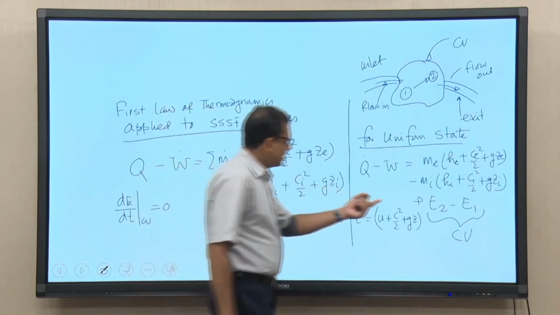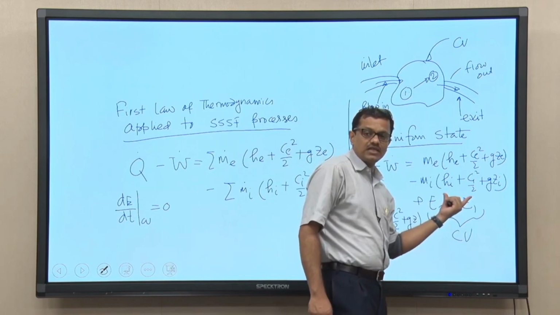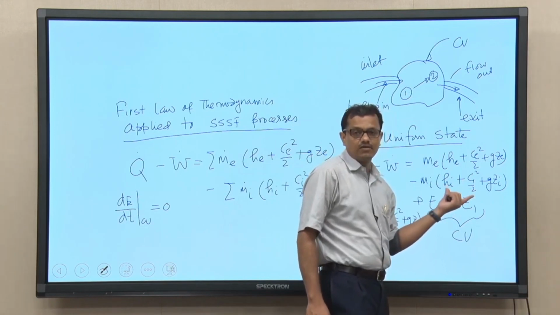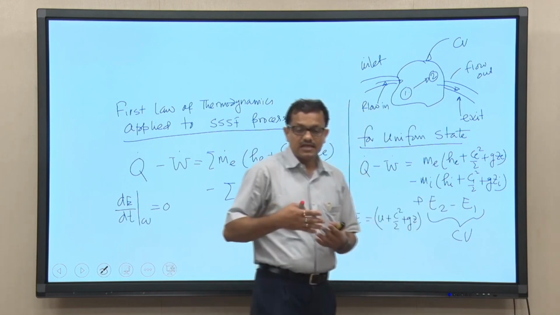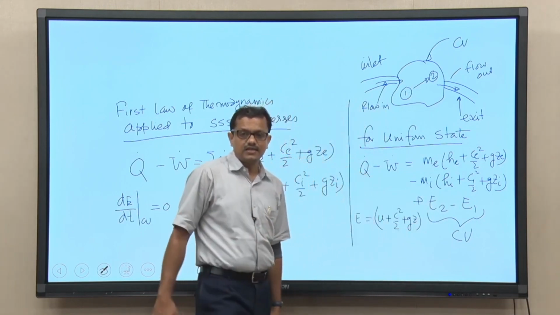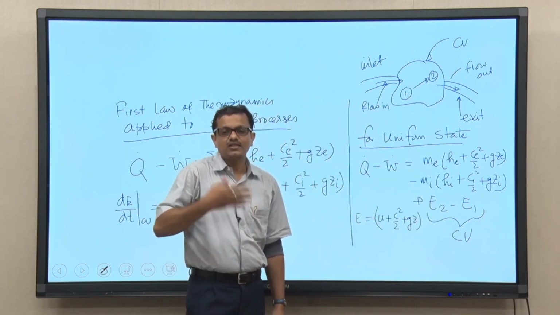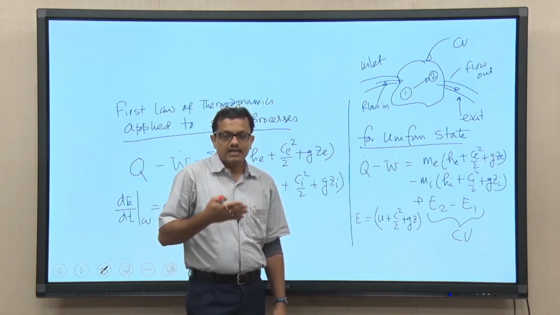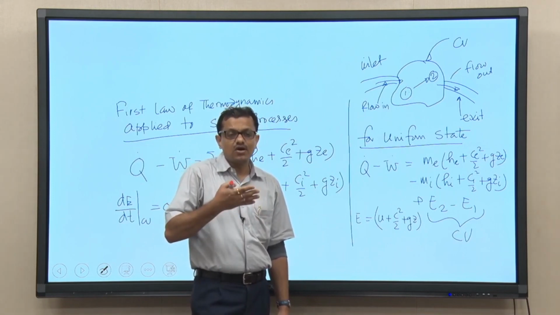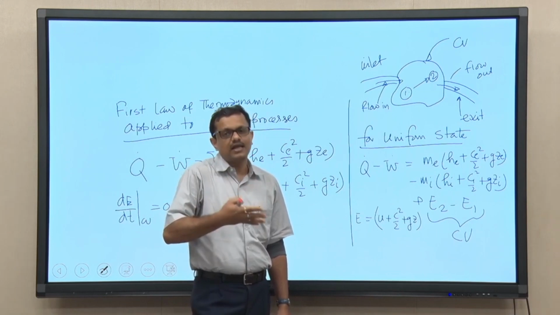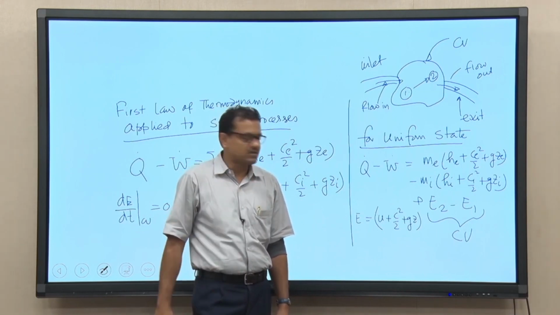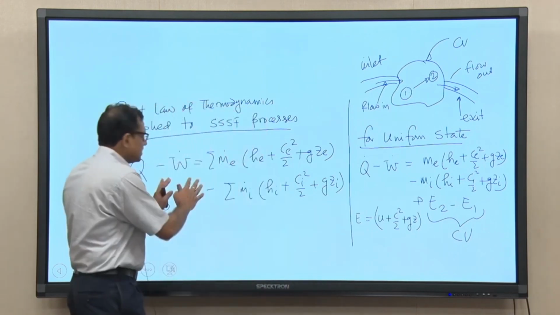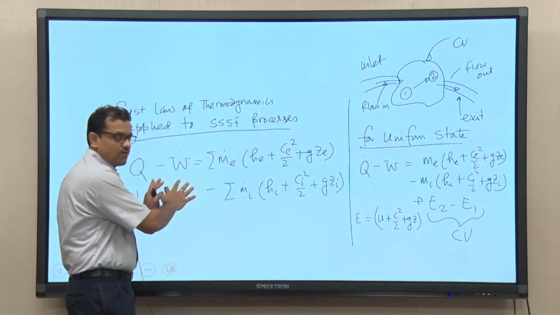In that case, you can make this quantity zero, so there is no change in energy within the control volume, and as I told you, in steady state the energy state is steady. Energy state does not change with time, but energy conservation is not done in an isolated manner. As I told you, it has to be coupled with the mass balance. So, basically you know that this is the equation for the steady state steady flow process.